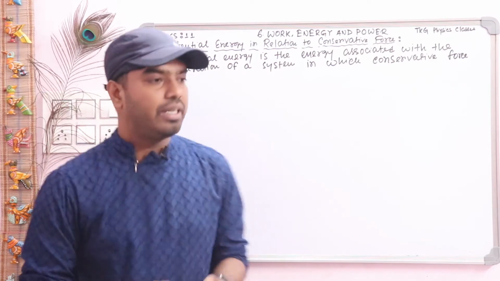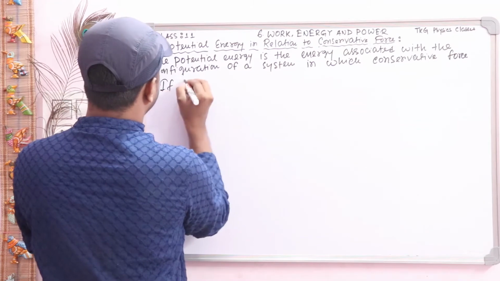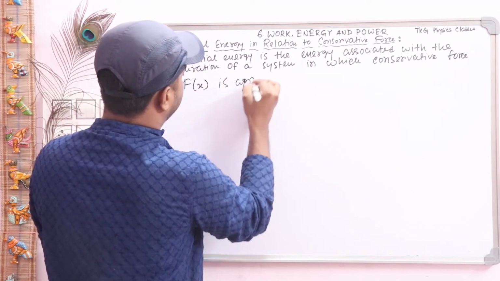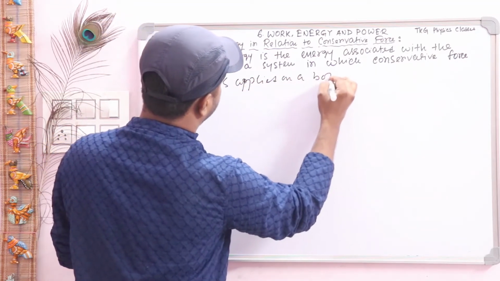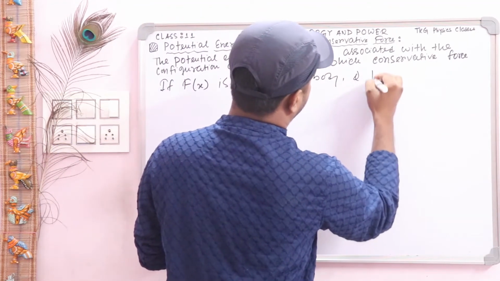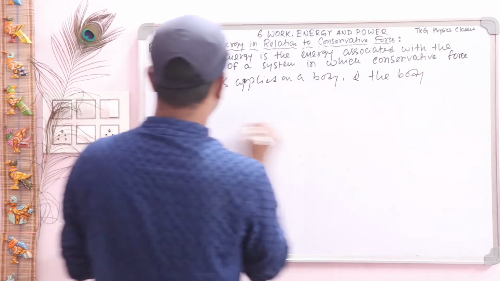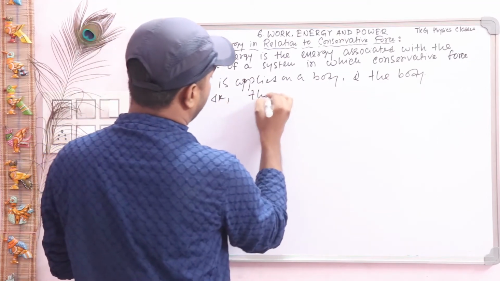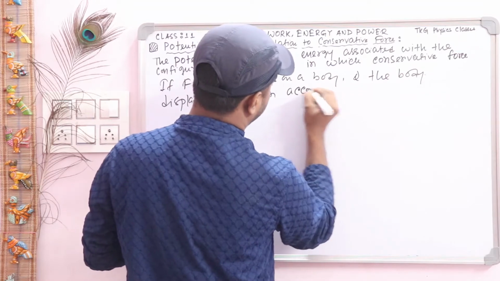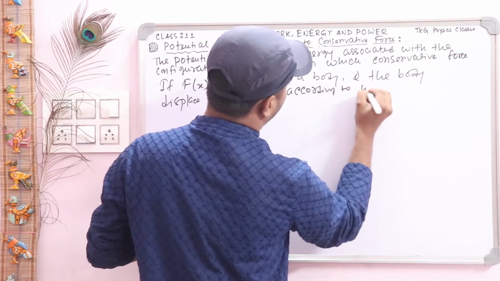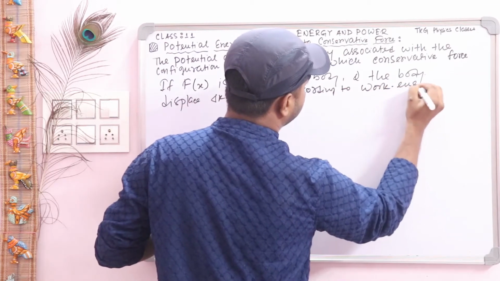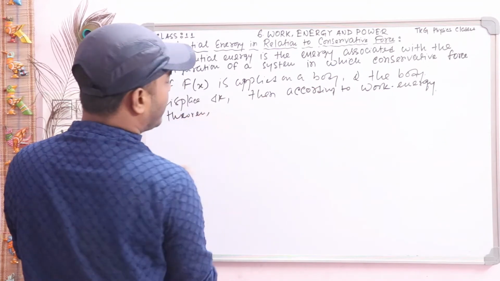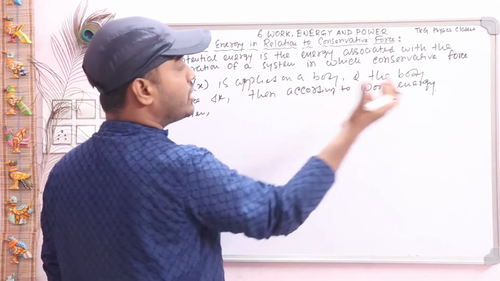Okay, how? You see, if a force which is a function of x is applied on a body, and the body displaces by del x, then according to the work energy theorem, we can write, you know the work energy theorem, work done is equal to change in kinetic energy.